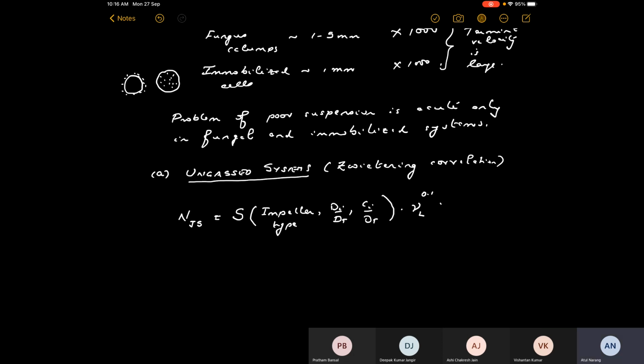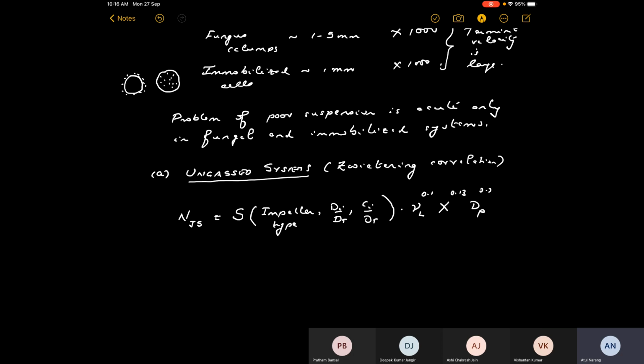And X is percent solids. That means the weight of solids per 100 gram of suspension. So if it's 2 grams per 100 grams of suspension, you would say that X is 2%. And this is the diameter of the particle.